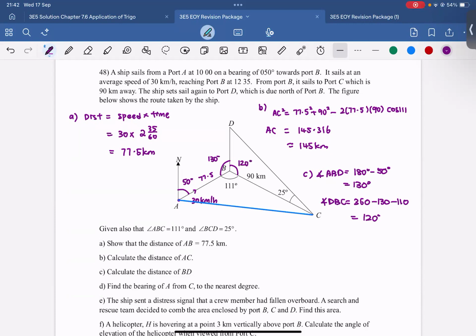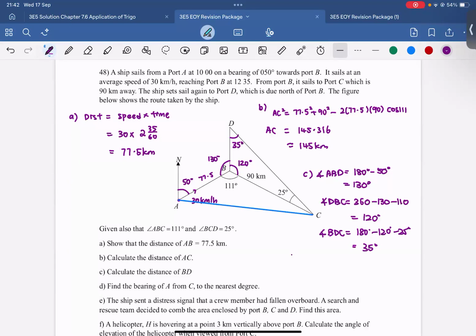You must think, if it's not cosine rule, then it must be sine rule already. Now you want to use sine rule, you need to have the angle and the opposite side. So BDC equal 180 minus 120 minus 25. 35 degree. So once I get this 35 degree, I can apply my sine rule to find my BD.